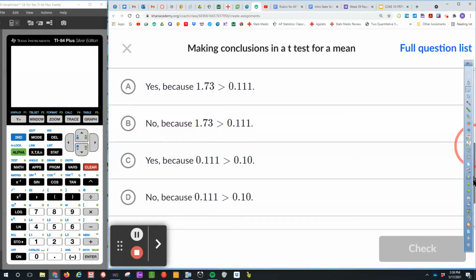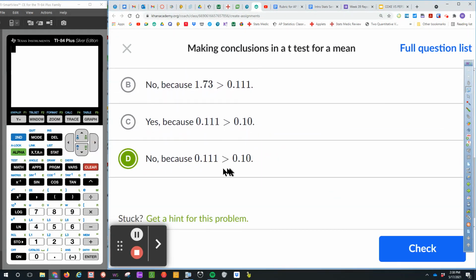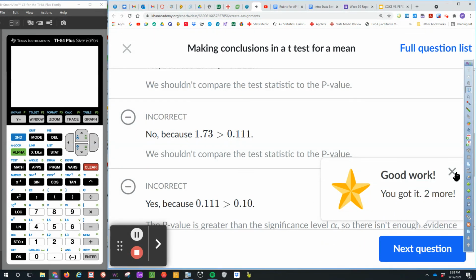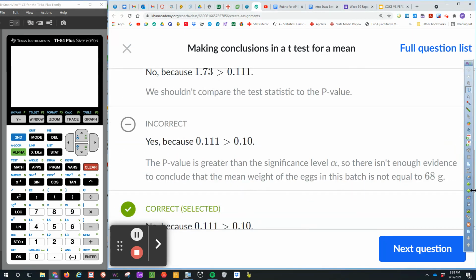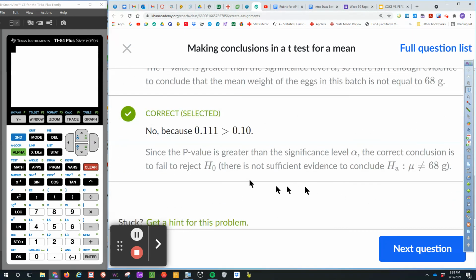So the answer is no. Since the p-value is greater than the significance level alpha, the correct conclusion is that we fail to reject H naught. There is not sufficient evidence to conclude the alternative hypothesis that the mean is not equal to 68. So hopefully that helps explain how to do this question.